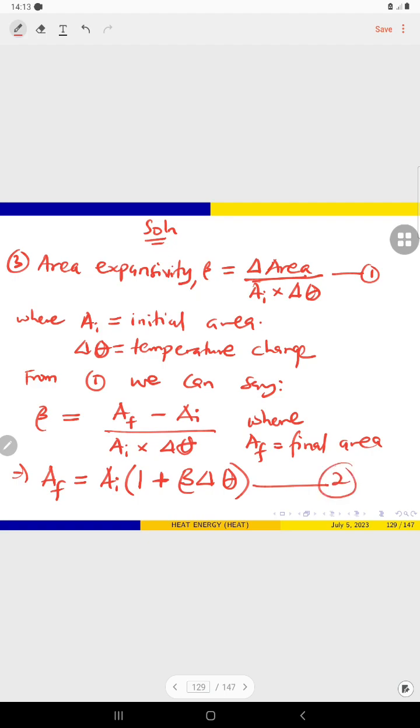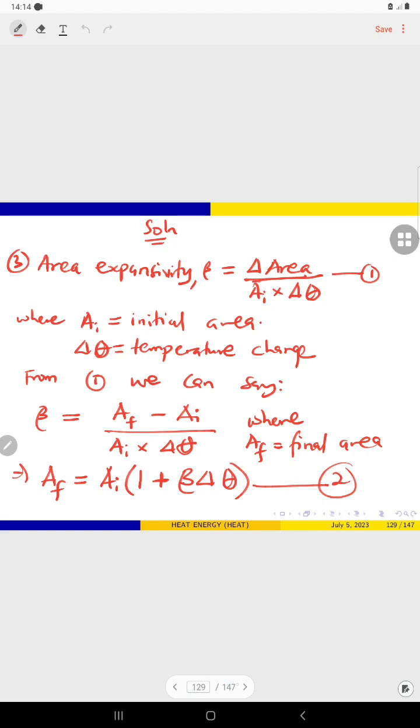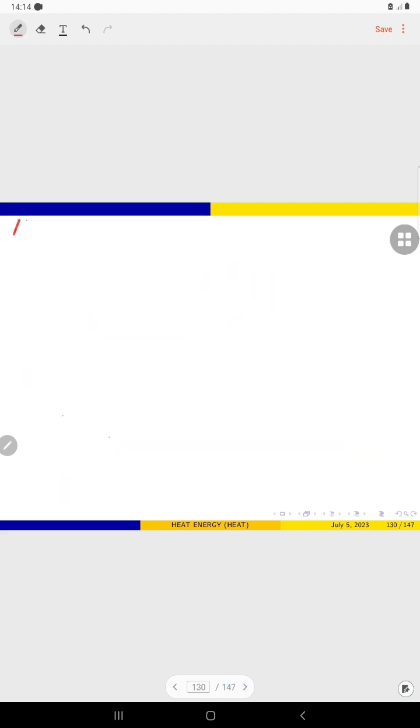All right. So now, area has to do with the length and the breadth of the given solid, right? So how can we find AF? Let's say when the body is heated to get a final area, assuming the solid is rectangular.